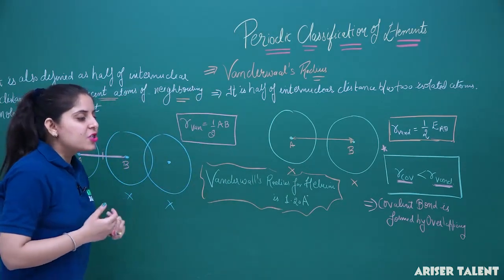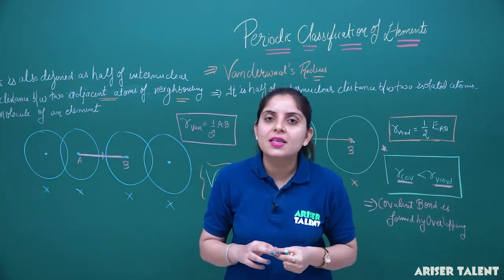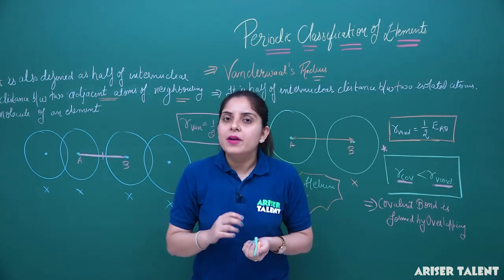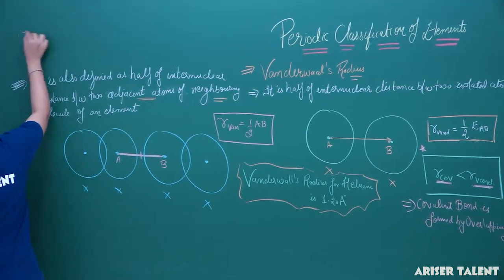Now one more discussion we have done here: the group 18 elements, which have zero valency, are going to exhibit the van der Waals radius. So one more point, I am writing it here.